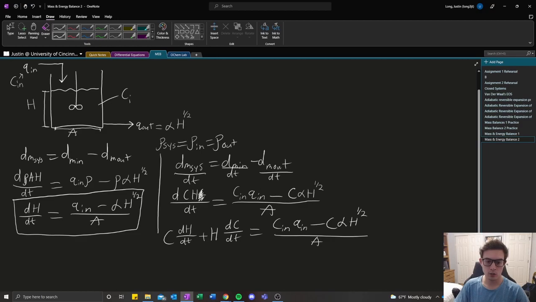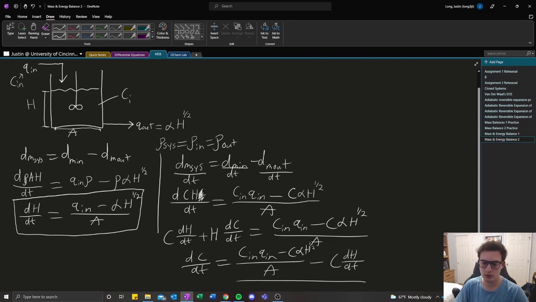And so we want this quantity here, so we are going to subtract across and then divide by H. Very similar to what we did with the temperature, just instead of a T we have a C, so it should look pretty familiar. So subtract that over, so all of this stays the same, divided by cross-sectional area, minus the change in height times C, all of this divided by the height.